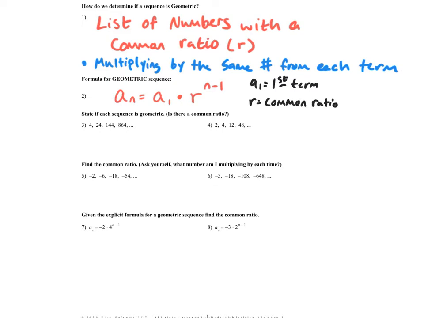Now, I want to bring something up. We talked about R can be negative, right? Whenever you plug this in, if you plug in a negative for R, you need to make sure you put it in parentheses. The other reason that's important is that if you write it on your paper in parentheses, when you use your calculator to help you, you will also need to put it in parentheses.